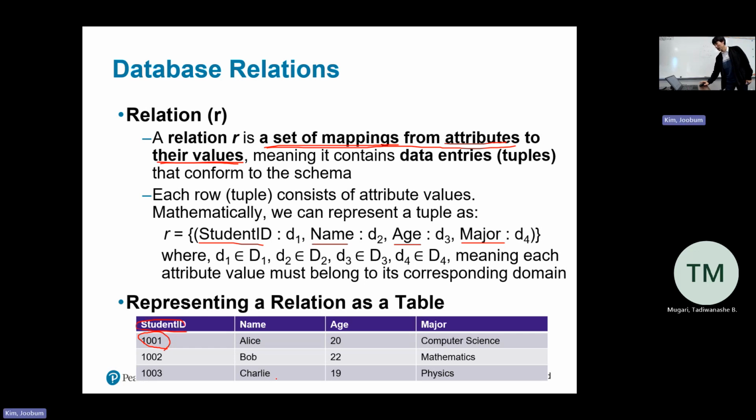Alice, Bob, Charlie are names, mapped to name. 20, 22, 19 are mapped to the column age. Computer science, mathematics, physics are mapped to major. So in a relation, the specific values are mapped into the columns. Okay, that is the definition of the relation r. That's all. So, make sense? Okay.